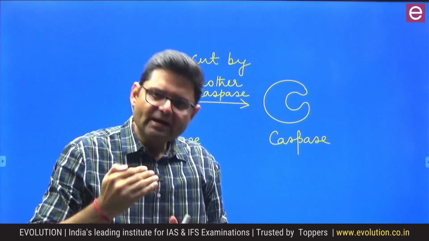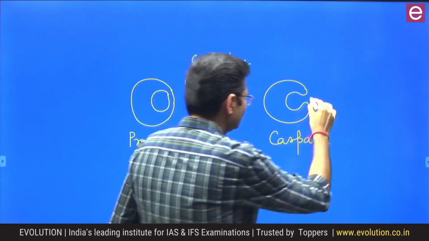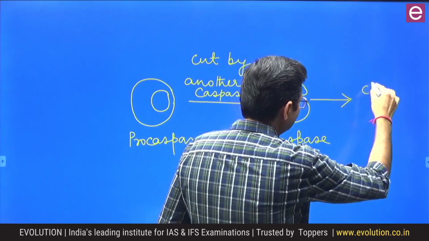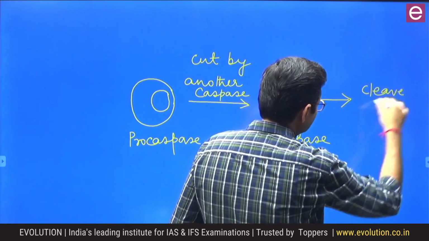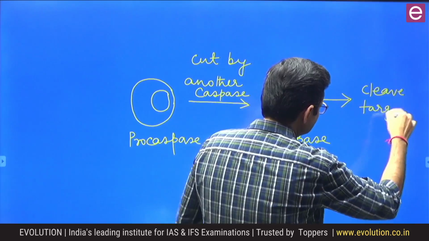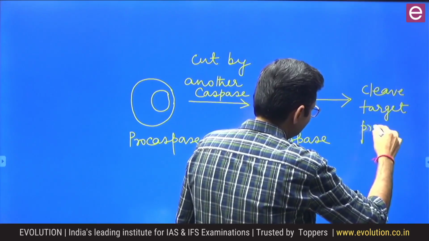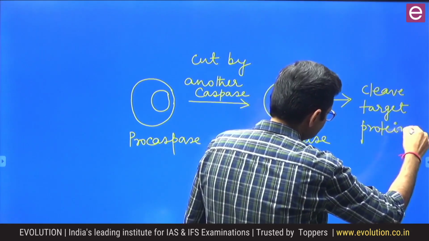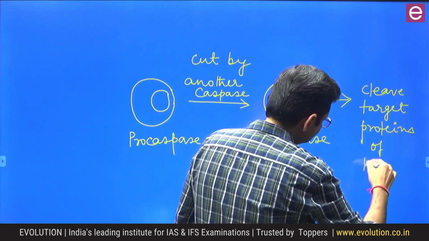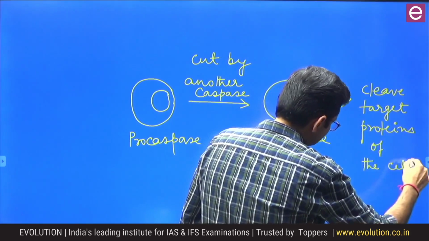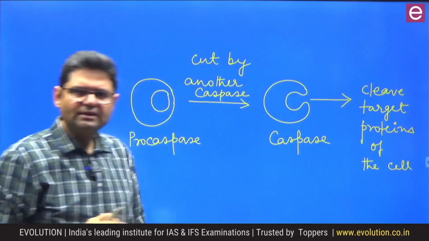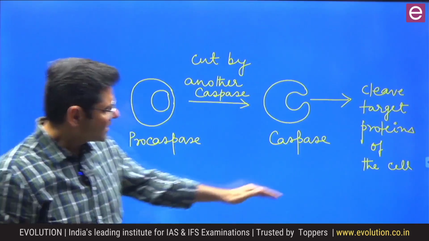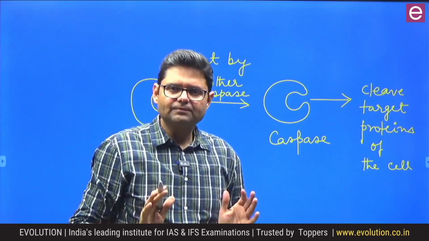And then an active caspase will go and cleave, meaning cut, target proteins of the cell. So within the cell there are target proteins and those target proteins will be cleaved off.